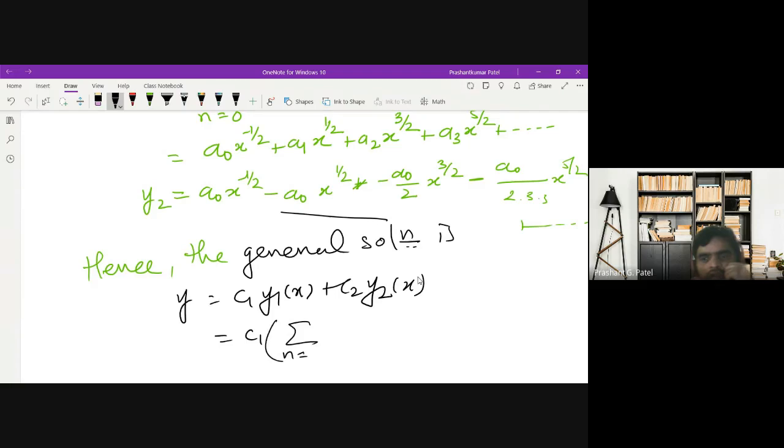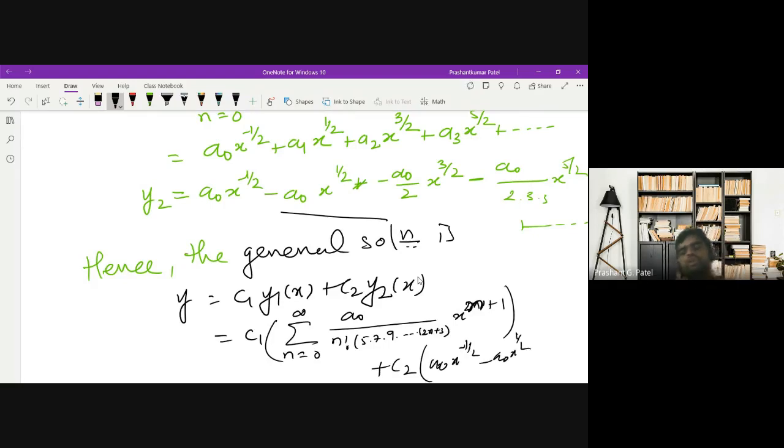That is summation n running from 0 to infinity a0 upon n factorial 5 into 7 into 9 up to 2n plus 3, x raised to 2n plus 1, plus c2 into this whole thing: a0 x power minus 1 by 2 minus a0 x raised to 1 by 2, plus a0 by 2 x raised to 3 by 2 minus a0 upon 2 into 3 into 3 x raised to 5 by 2 and so on.